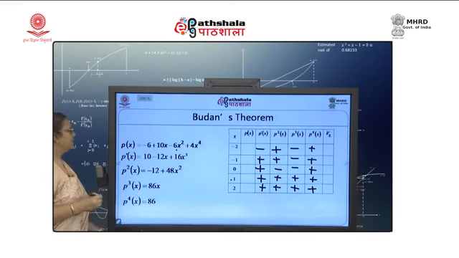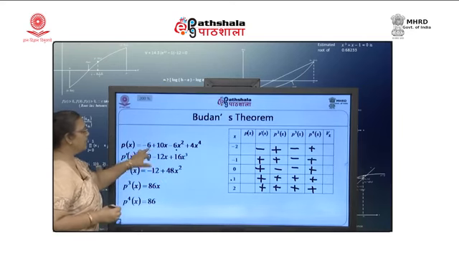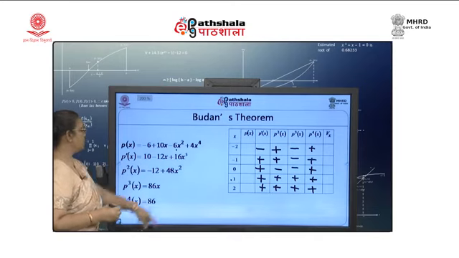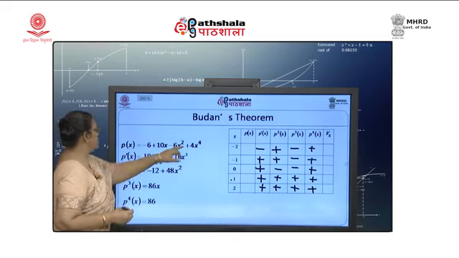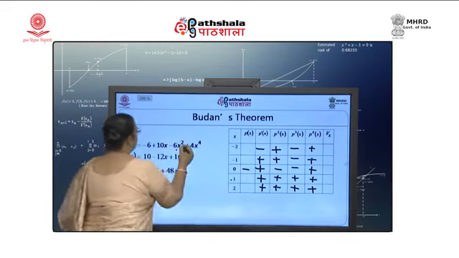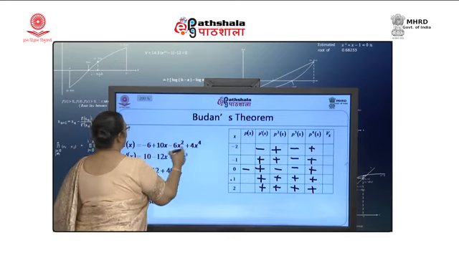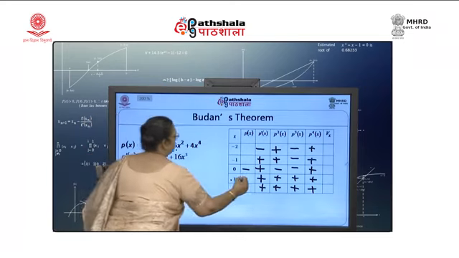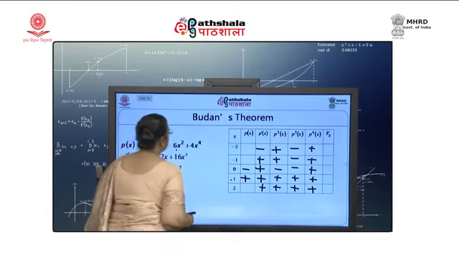And finally, let us calculate the value of p at different points: minus 2, minus 1, 0, 1 and 2. At 0, minus 6, so it is negative. At 1, 10 plus 4, 14, minus 12, so positive.